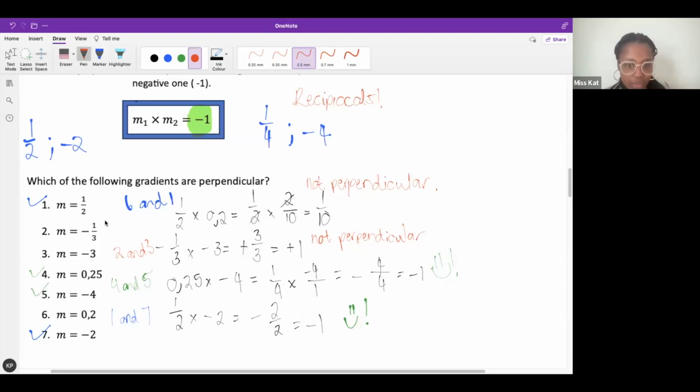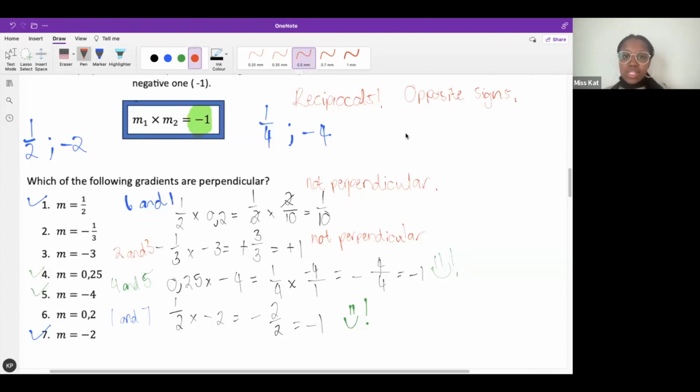They are reciprocals of one another, right? But they're both negative. So my two conditions have to be, they have to be reciprocal, and then they have to have opposite signs. So I feel like once you know this, it will be so easy to identify this.